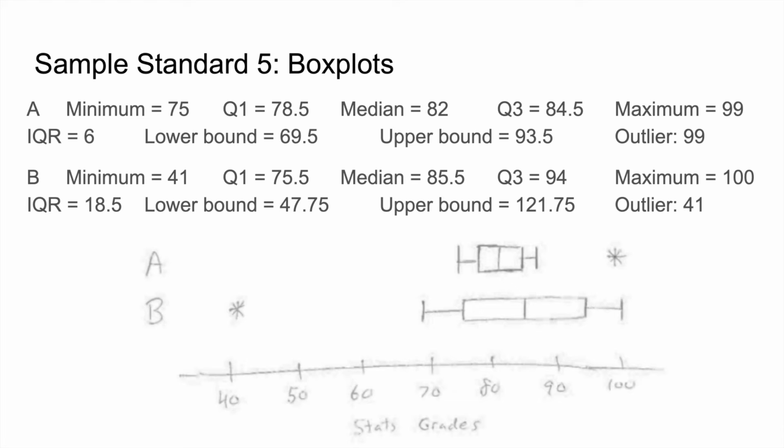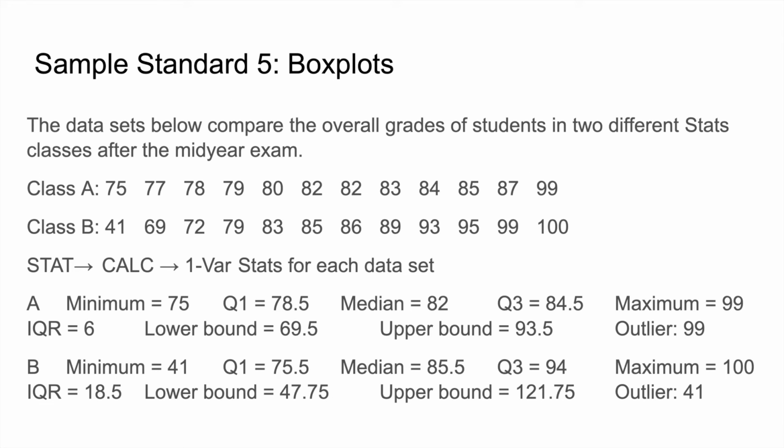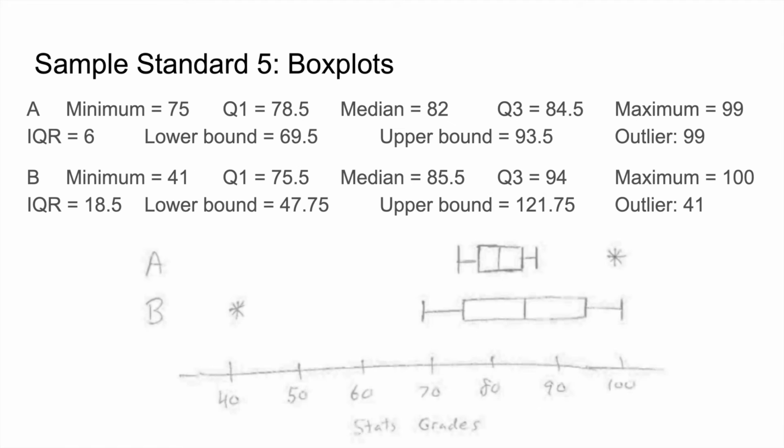For class A, you can see the asterisk that I put for the outlier at 99. The quote-unquote maximum that is not an outlier, if we go back to the data set for class A, is 87, because 87 is the biggest non-outlier in class A. So that vertical line in the A box plot, all the way to the right, is at 87. For class B, we have a low outlier at 41.